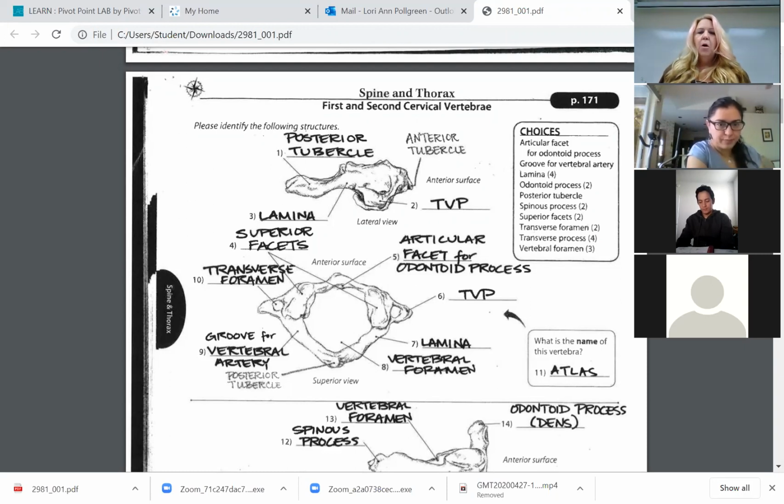And then that little small hole in that transverse process is the transverse foramen. And don't forget that little box number 11. We call C1, or that first cervical vertebrae, the atlas. Good to move down to C2?